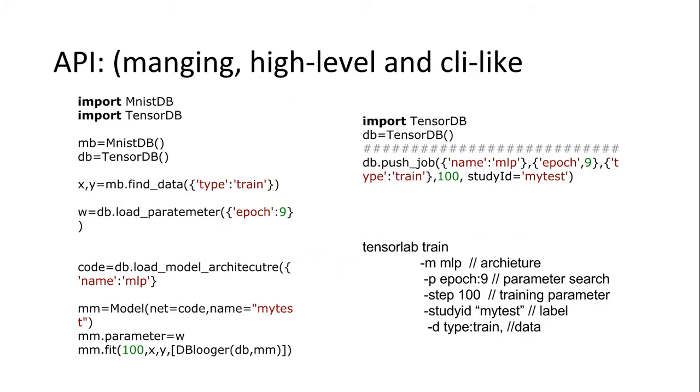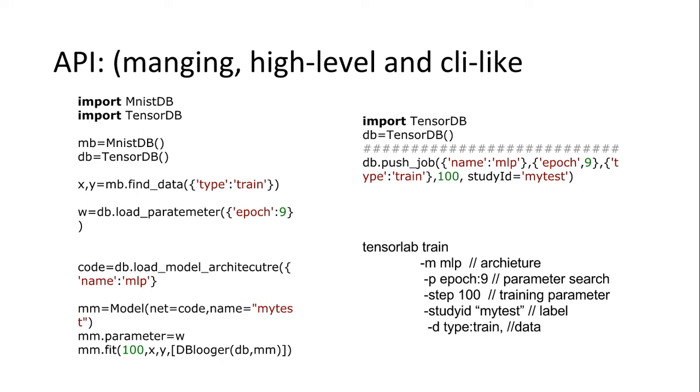On the API side, the left side is when we talk to the database using the TensorLab system through the low-level API. You see it's just 10 lines of code. Basically, it's connecting to the database, finding the training data, finding the parameters, and training the model.